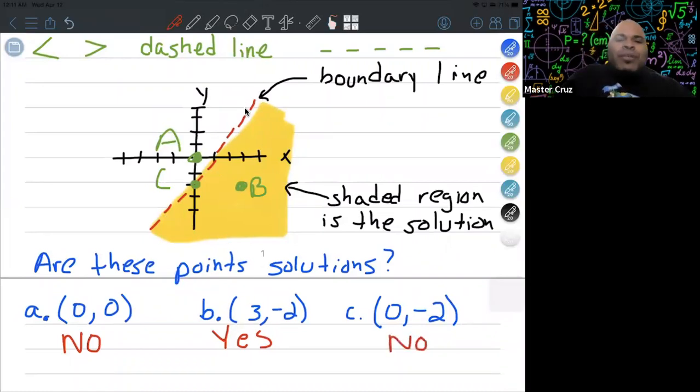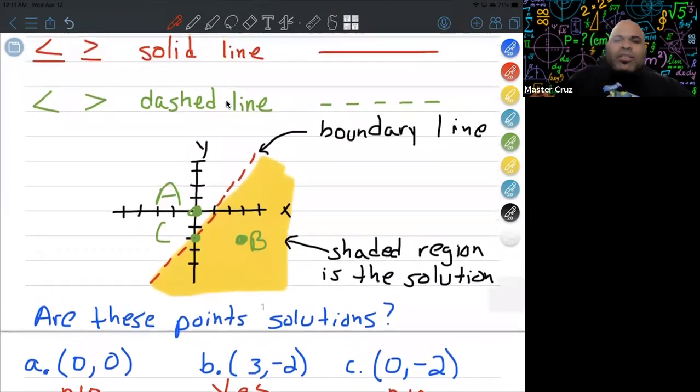However, if this boundary line was a solid line, like the one above, then this point would be a solution because it equals all the points on the boundary line. So that will make a little bit more sense when you're practicing. But remember, if it's dashed, it does not include it because it's not equal to. Equal to is a solid line and it is included.